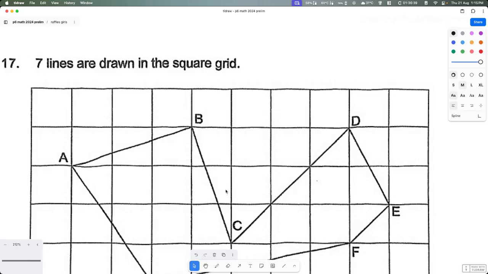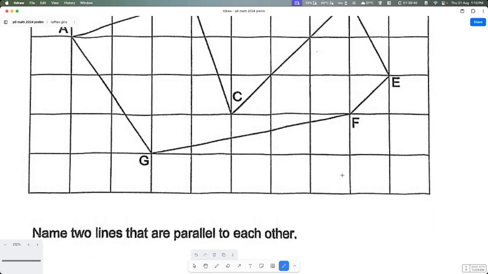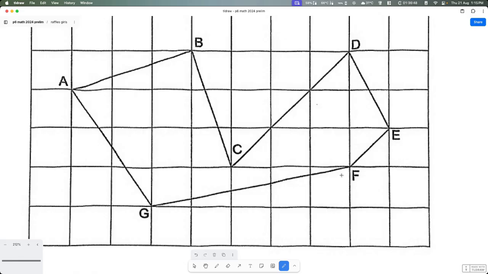Question 17. 7 lines are drawn in a square grid. A lot of lines. Name the 2 lines that are parallel to each other. Okay, so what we can do, I think it's EF and CD, because they are just half of this. I'm just going to draw the line. So they are half. Let me duplicate.